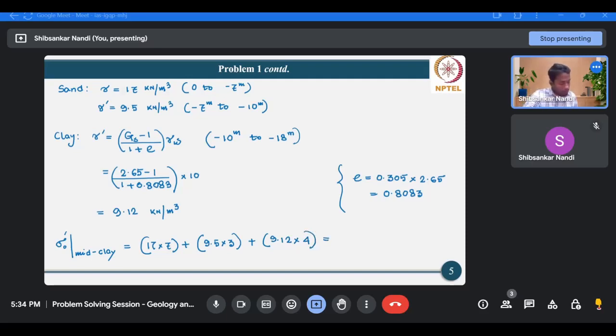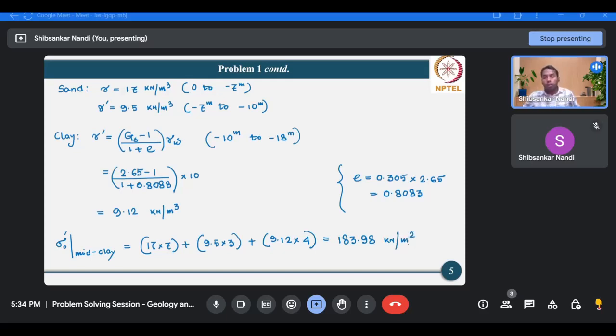So it would be 183.98 kilonewton per meter square.